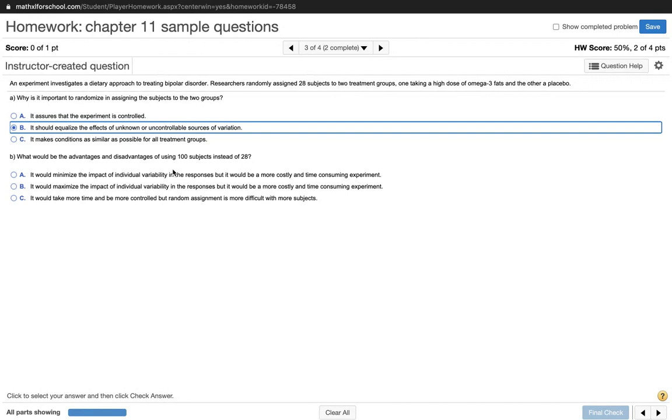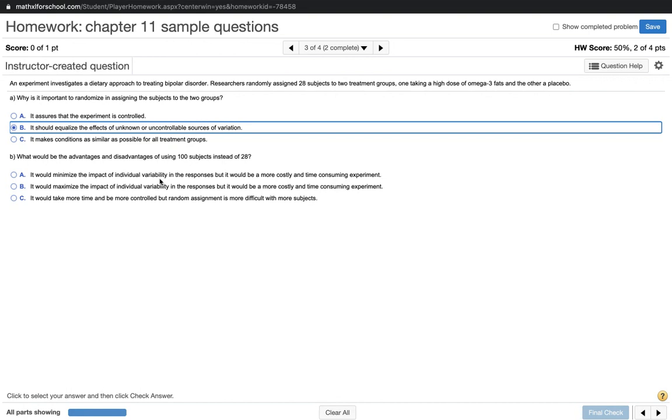What would be the advantages and disadvantages of using 100 subjects instead of 28? Well, obviously, we talk about how the bigger the sample size, the better. If we have a larger sample size, our results are going to be more accurate, and more accurate means less bias. So if we look at the three choices here, the one that makes the most sense is A. It would minimize the impact of individual variability or bias.